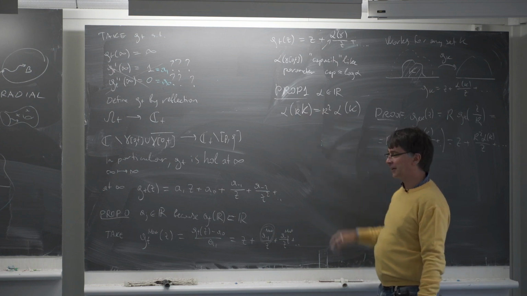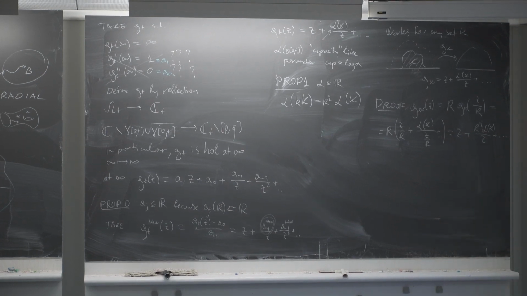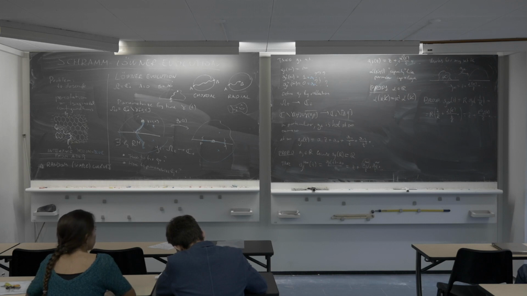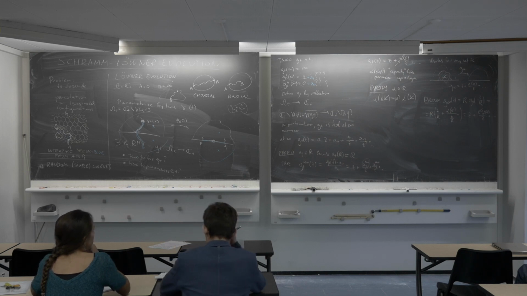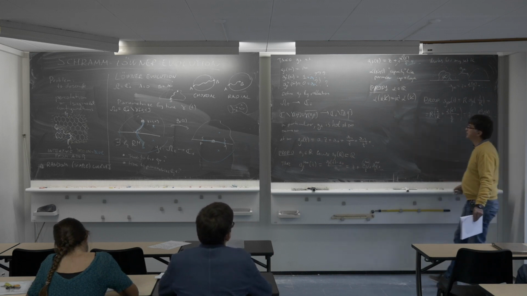So there is something which numerologically fits well with Brownian motion, that it has the same scaling, and it will come in handy later. It's actually the reason why what Schramm did made sense: Schramm put Brownian motion into Loewner evolution, and the reason why this led to some object is because of that scaling.